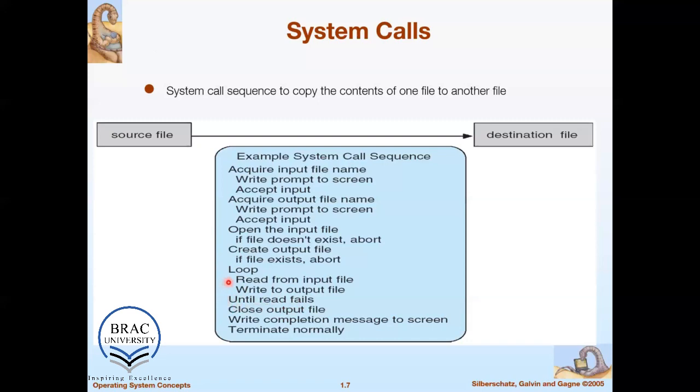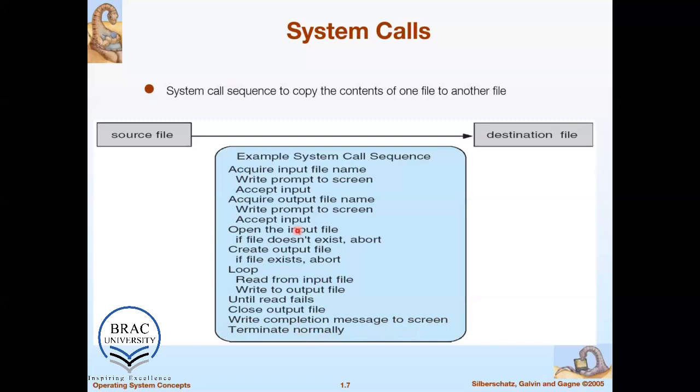And after everything is copied from input to output file, we need to close it, which means another system call is needed. And a message will display on screen saying the copying process is completed. For this purpose also we need another system call. And lastly, for terminating the entire process, another system call is also needed.